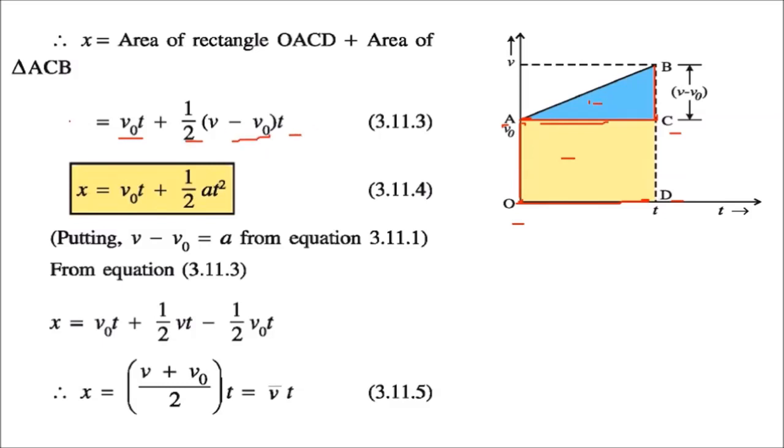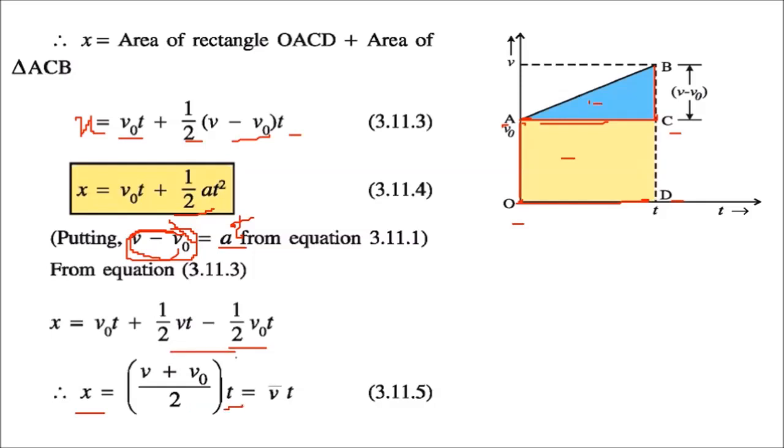Let us say this is x, the displacement, and let us rearrange it. We get this as the equation, because we know that v minus v0 is equal to at, from the previous equation we just saw. So let us rearrange, because we know v minus v0 equals at, put it here, and just solving this we get x equal to (v plus v0) by 2 into t.